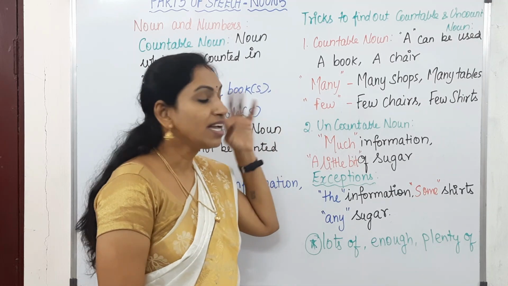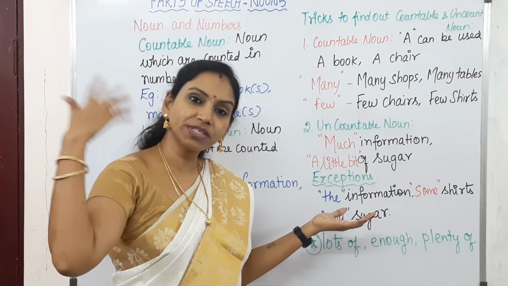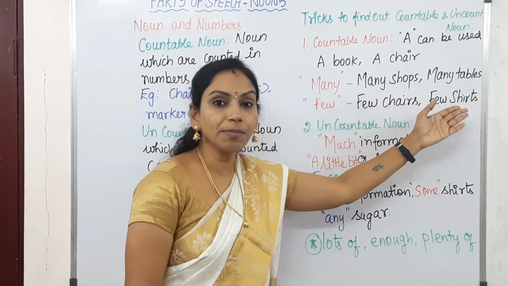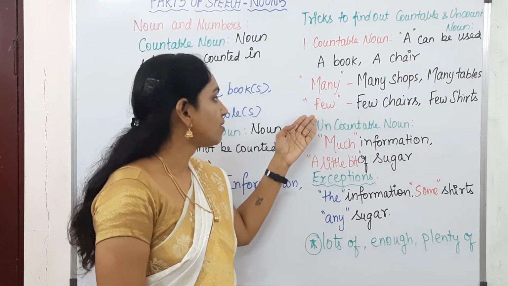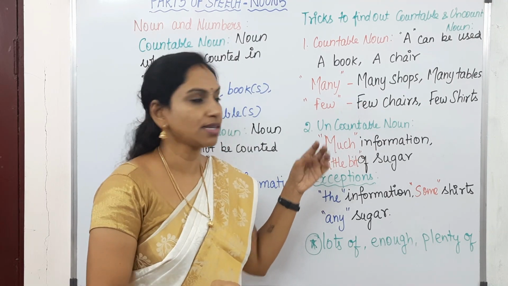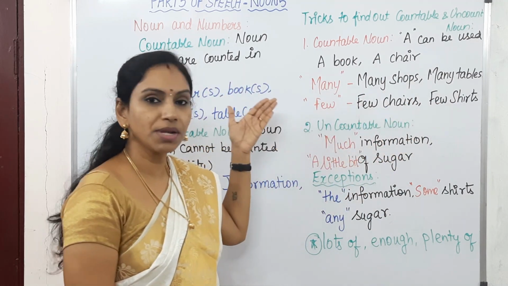Okay, next. If you have many, plural, many shops, many tables, that is also countable nouns. You can count it. Few chairs, very less, plural only but very less chairs. Few shirts, all these are countable nouns.